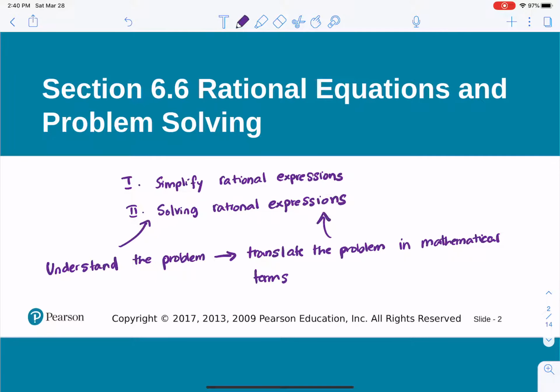There we go. And once we get that part, we go to simplify the expression and solve the expression so that we get a solution to the real world problem.